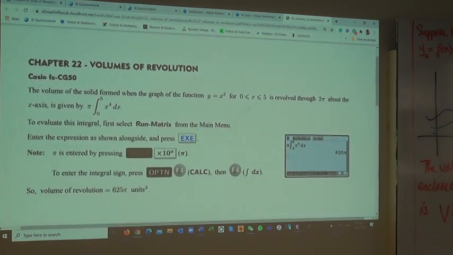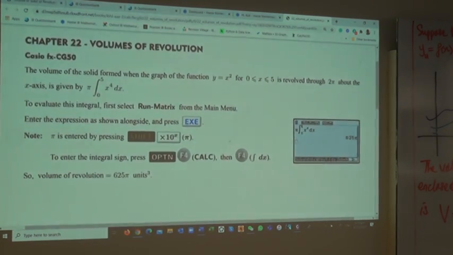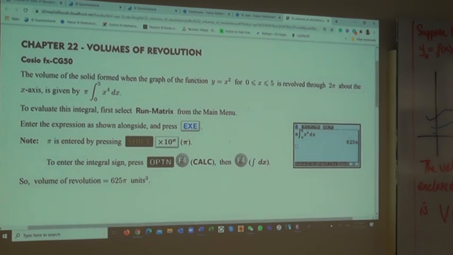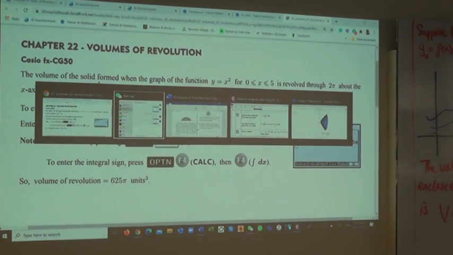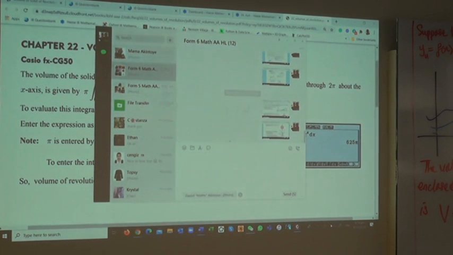I think screenshots on WeChat are better for the calculator than PDF, right? Or you prefer both? Is PDF better? Both of them, alright. So, calculator steps.